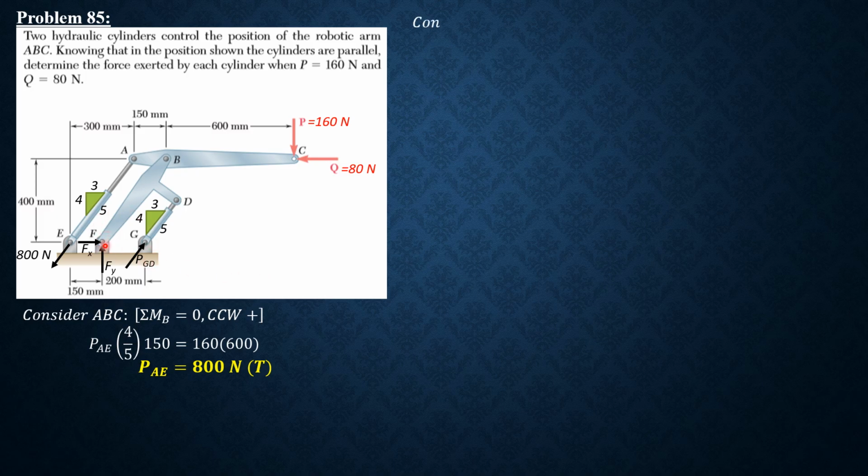So summation moment about F equals 0, counterclockwise positive. We have PGD times 4 over 5, that's the vertical component, times 200, then plus the vertical component of 800, which produces counterclockwise movement also. The horizontal passes through F, so it's only the vertical component.